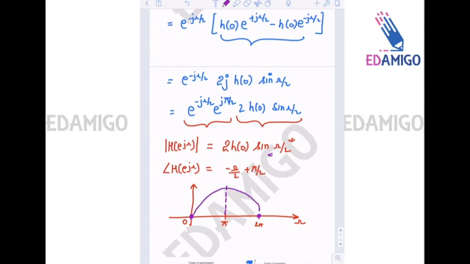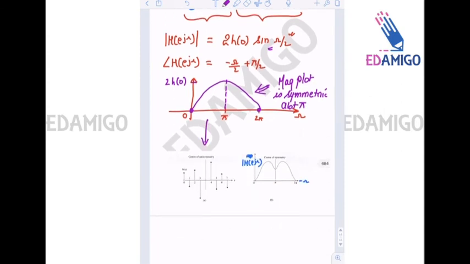So the plot will be like this. And the maximum value will be 2h0. So we can say that here the magnitude plot is symmetric about pi. This result is valid for bigger values of n also, because here I have copied for n equal to 8 and the result is same.